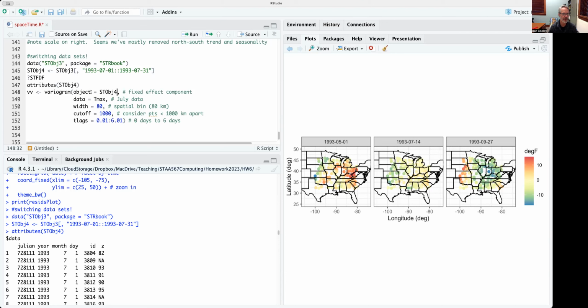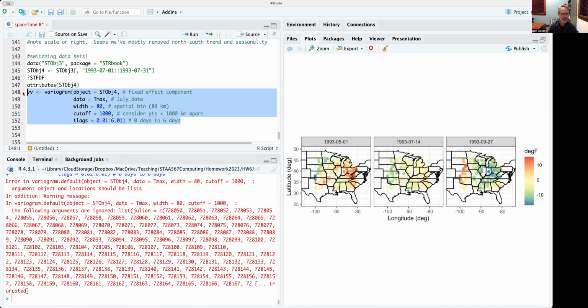So I'm going to run this variogram. It's going to look for the Tmax variable. Let's run this and see if it works. I'm afraid I may have messed something up. I think we might be okay.